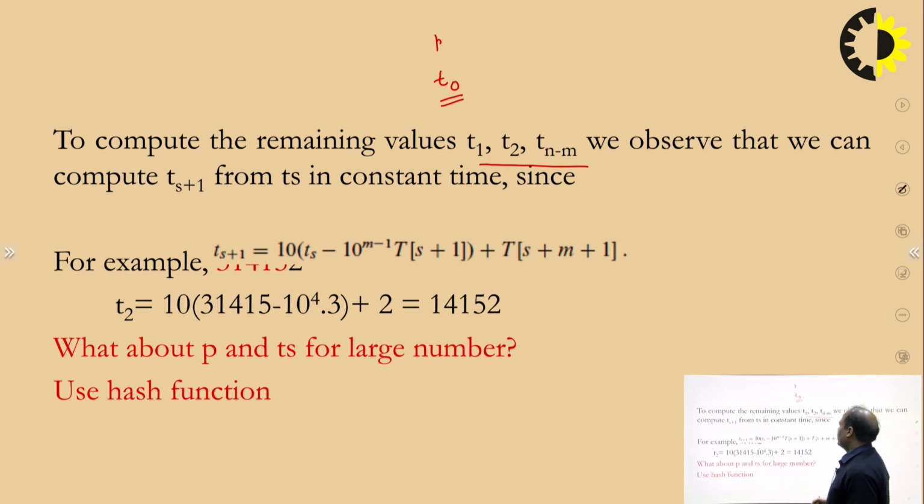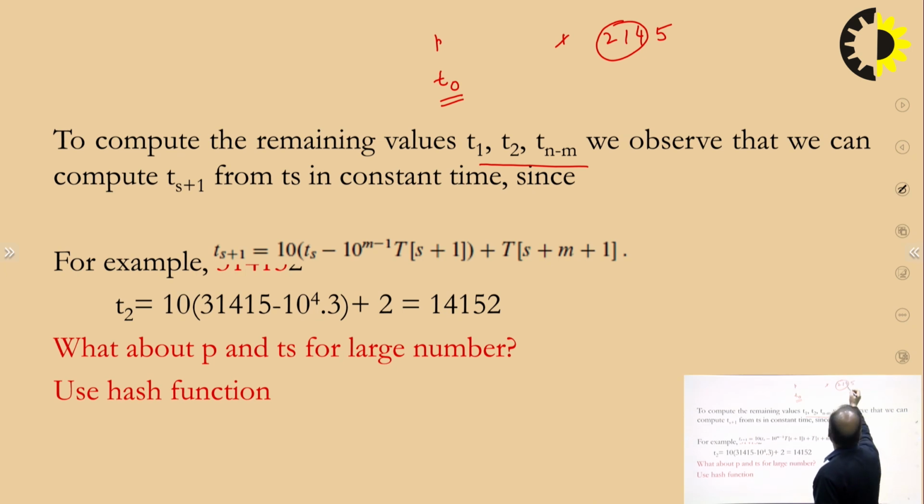See, for example, this is the formula for Ts plus 1. Let's have one example. Suppose we have our text as the number 2145. Here we are working on the number 214.